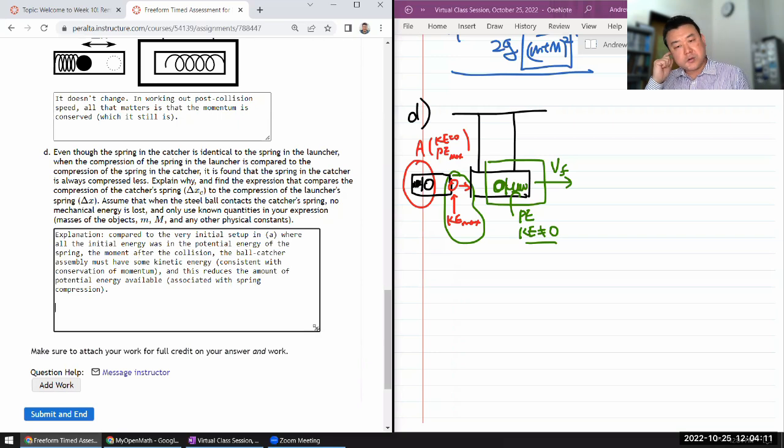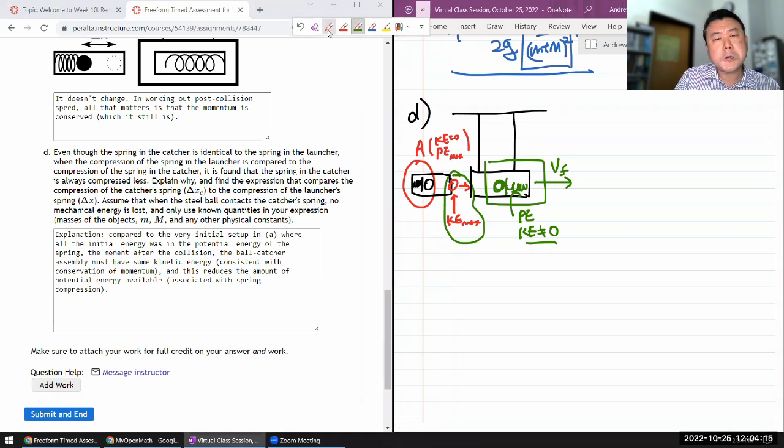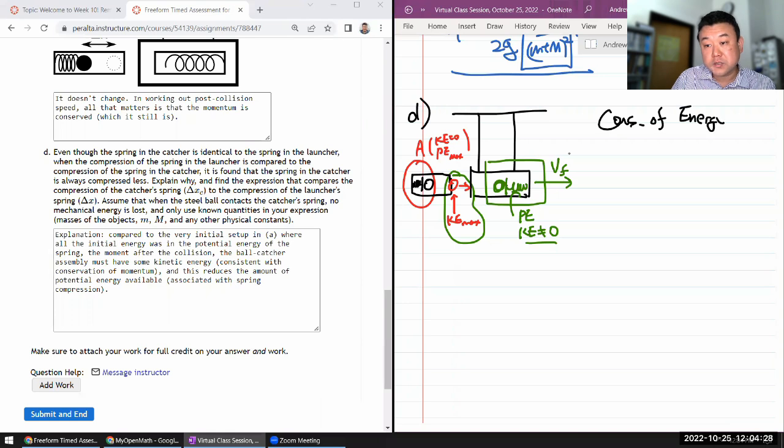The explanation also gives you some idea of how to express this. Since the setup was set up explicitly to make energy conserved, we can start out with conservation of energy, because in this new setup, energy should be conserved. If it's not, then somebody messed up.